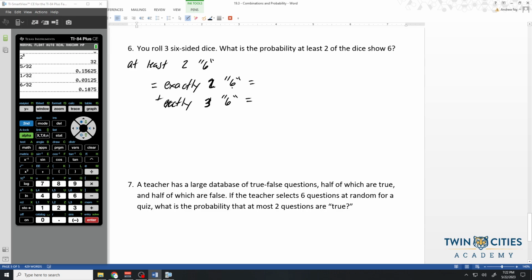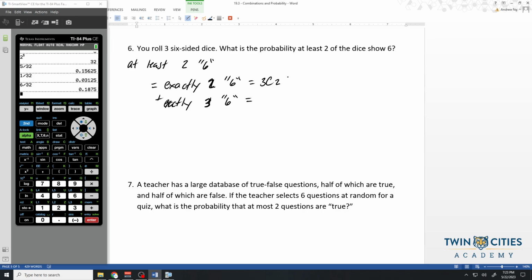So to get exactly 2 6s, I'm going to first choose 2 out of the 3 dice to lock in as a 6. So of the 3, choose 2 of them. Now remember, I've got a third dice. Once I've selected 2 of these 3 to lock in place as 6, how many different things could this third dice be?